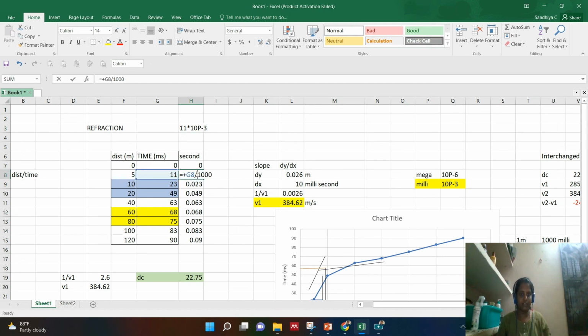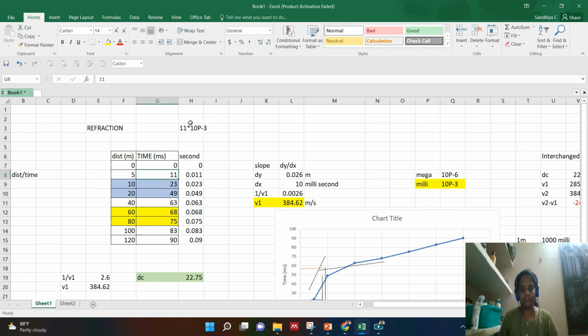That's how I have divided. When we bring this 1000 to the numerator, we put this as 10 power minus 3, right? The same value. I'm removing that milli. That is what I want to tell.